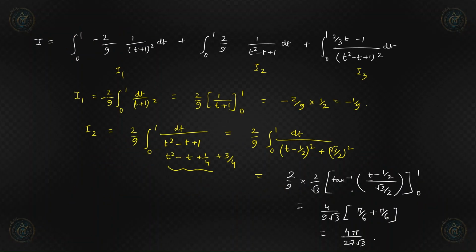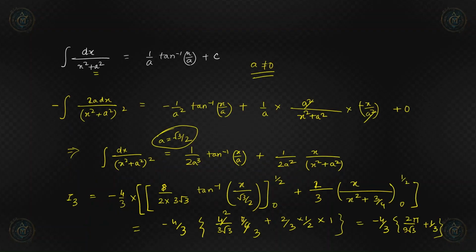So from here we can say this will be minus 2 by 9 and this will be plus 2 by 9. So these things will be plus 1 by 9. And this thing will become minus 4 pi divided by 27 root 3.